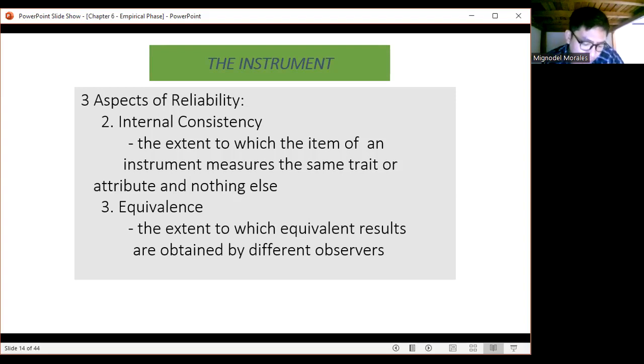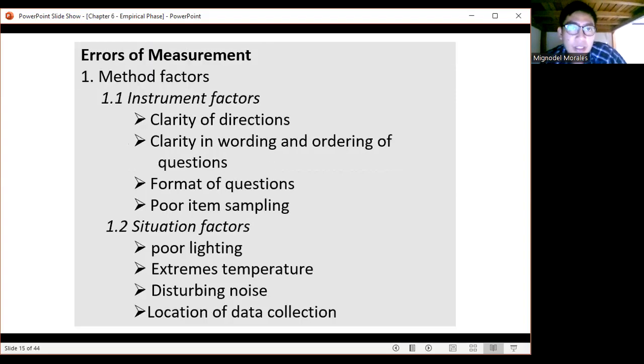Again, the importance of pilot test. So these are some of the errors of measurement. Specifically, if it's quantitative, a self-made questionnaire. Number one is instrument factors. So there are unclear directions. For example, you have a Likert scale of 1 to 5.